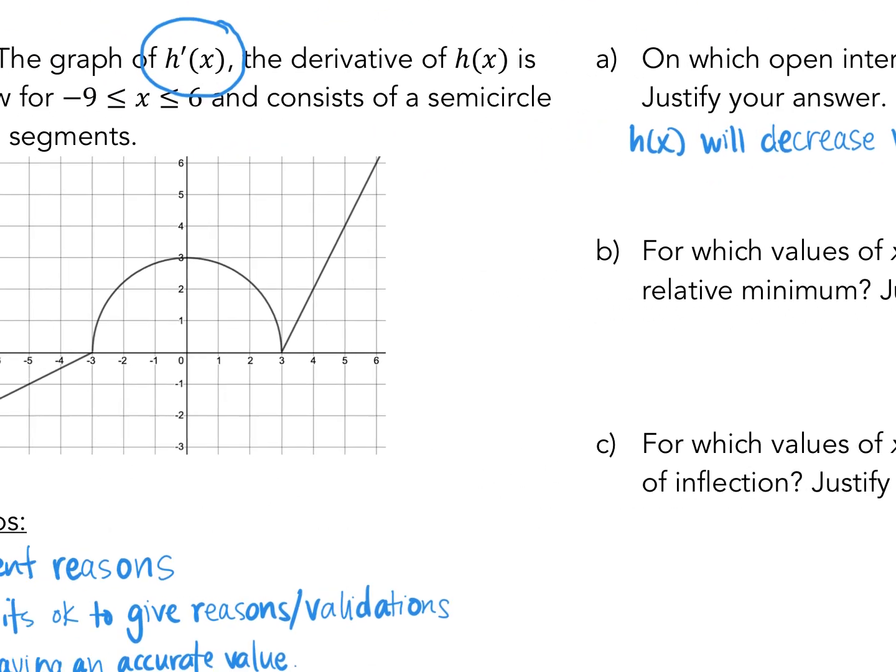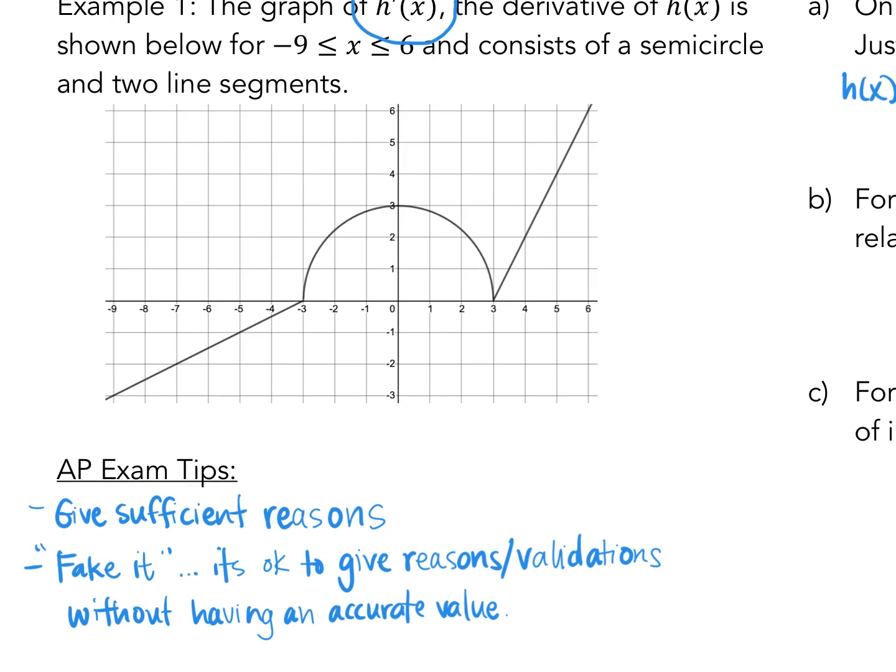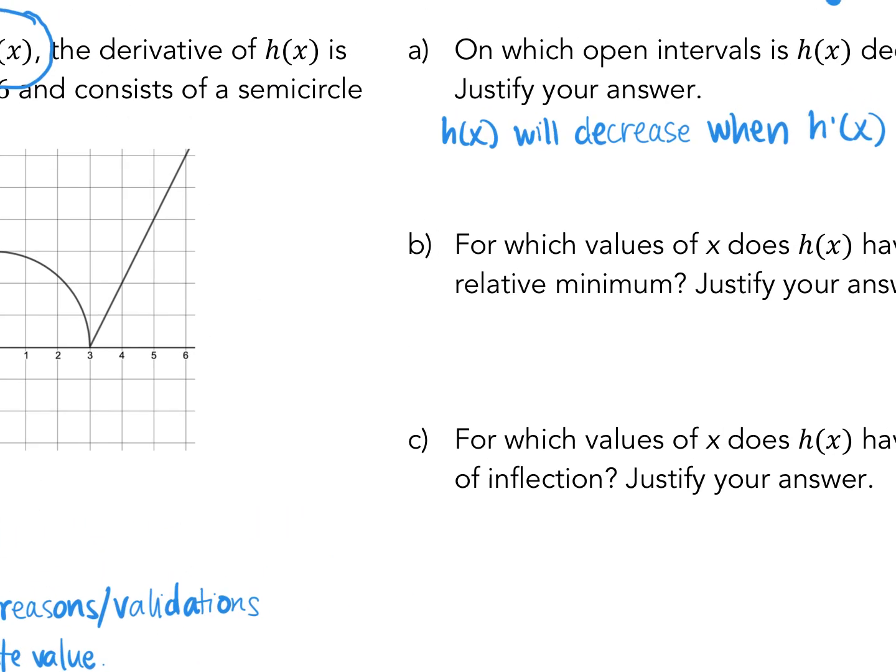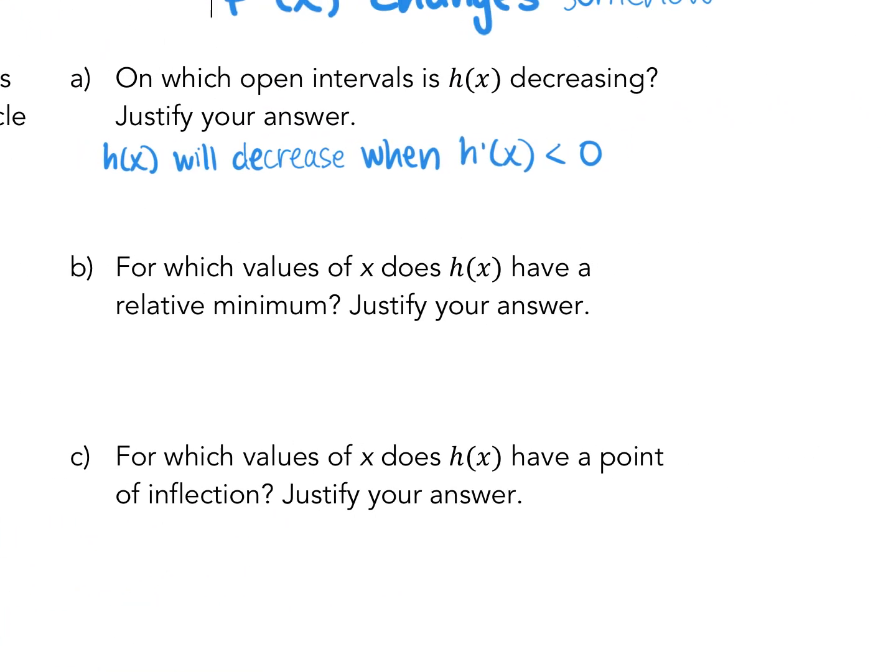H prime of x is the graph. So where is h prime of x less than 0? -9 up to -3. Okay, so period. This occurs from -9 to -3.